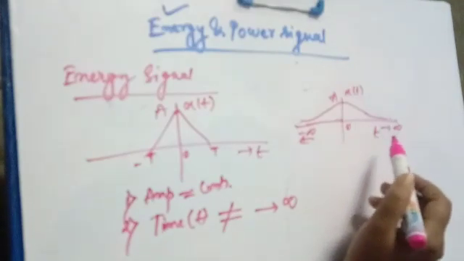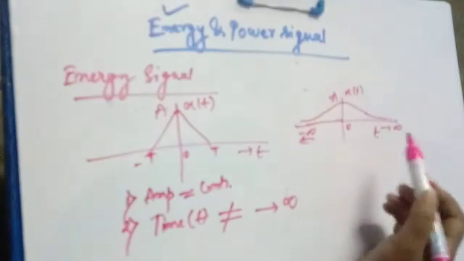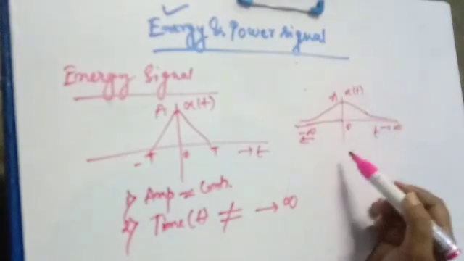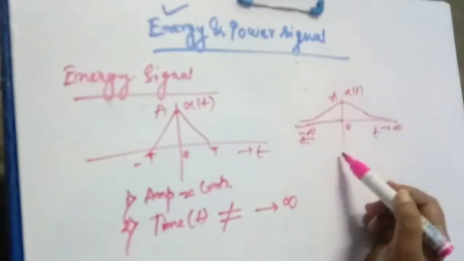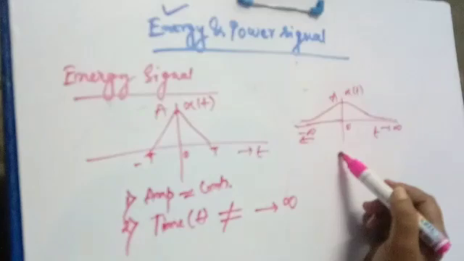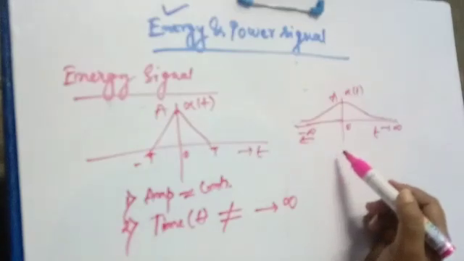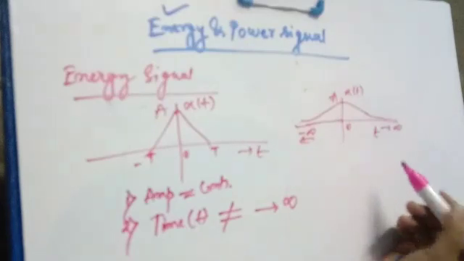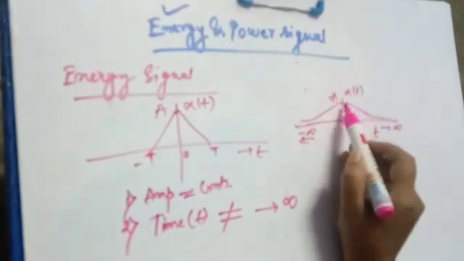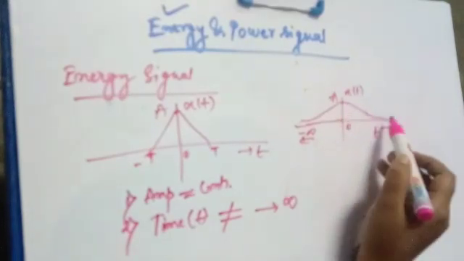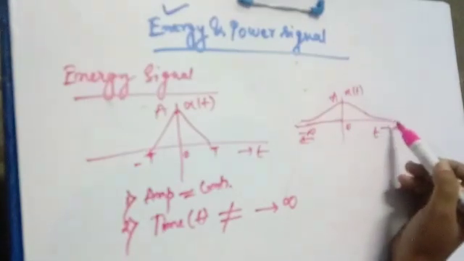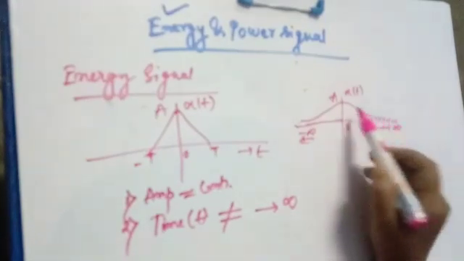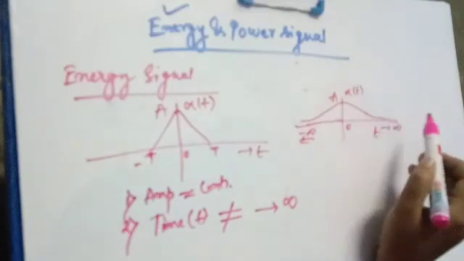So if the signal has an infinite time duration, its amplitude becomes 0 as t tends to infinity. That means you can see here that the amplitude is decreasing, and when the time becomes infinity, the amplitude of the signal becomes 0.